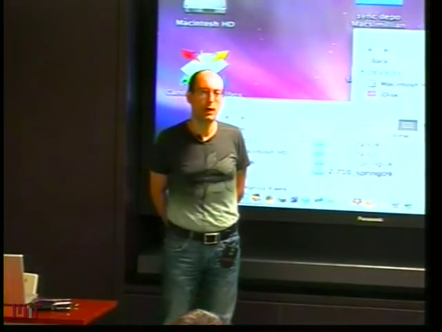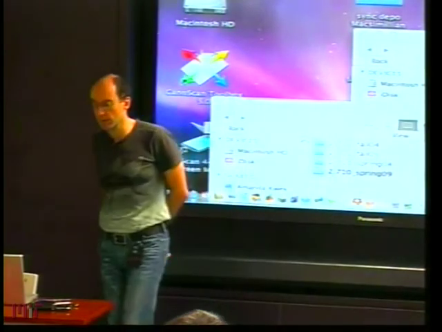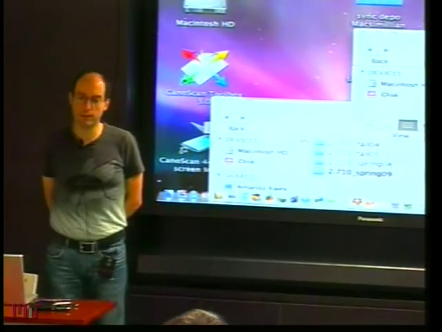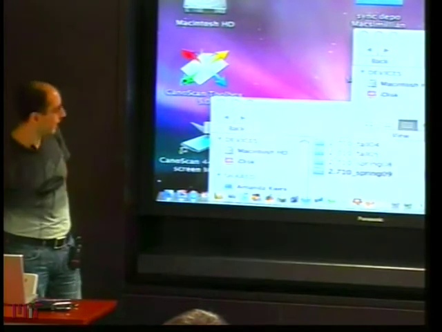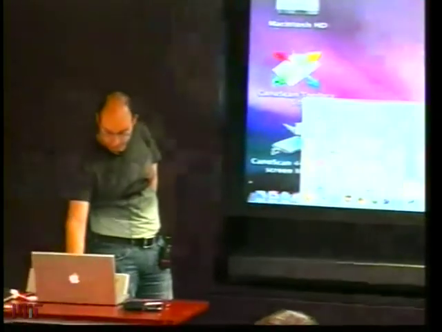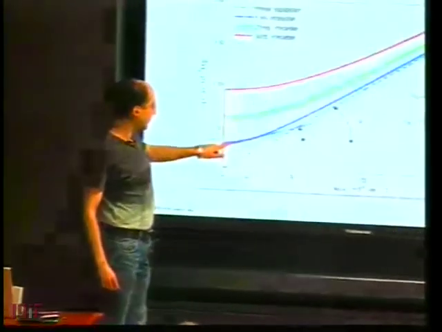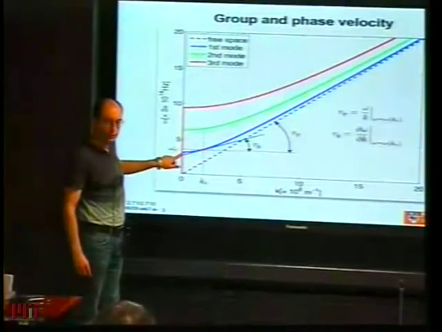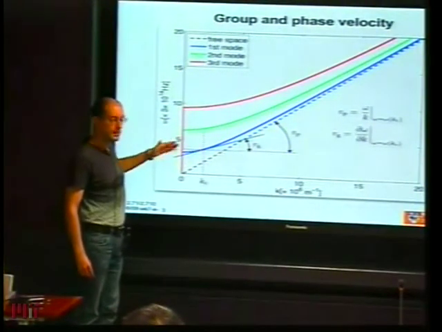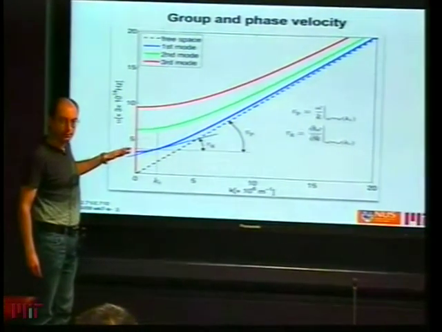You can slow down light, which, if you go back to this diagram, you see that as you go towards lower frequencies, the group velocity becomes progressively smaller.